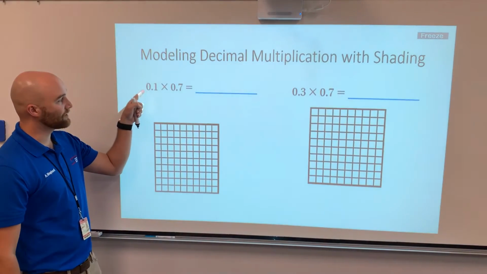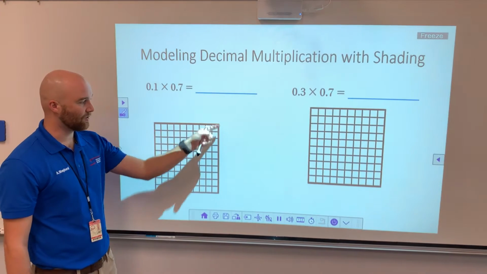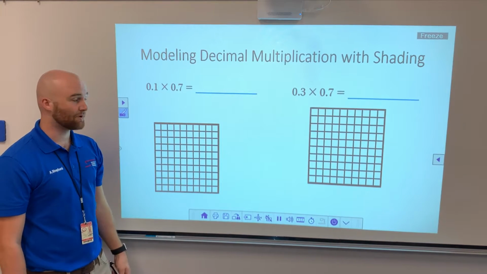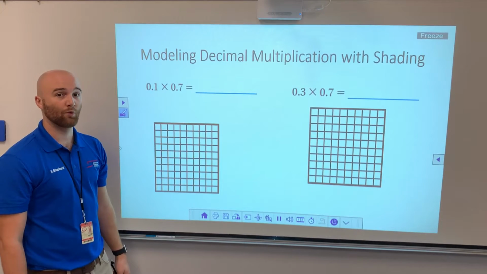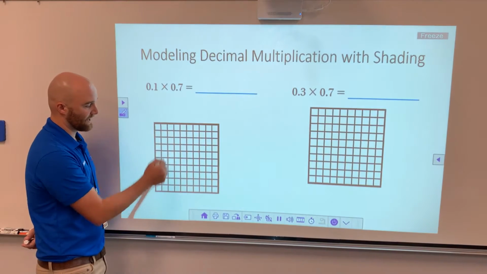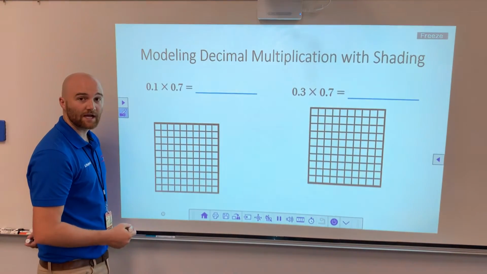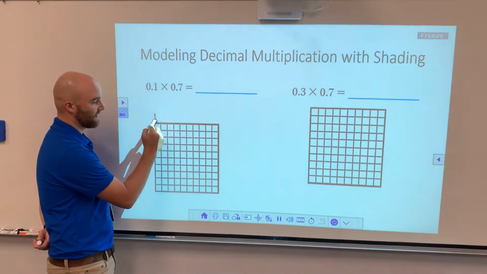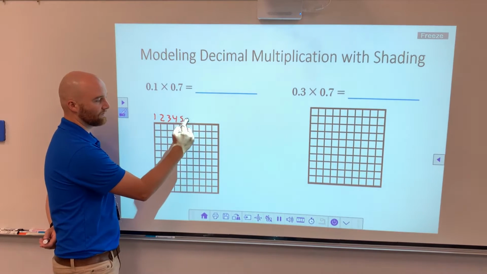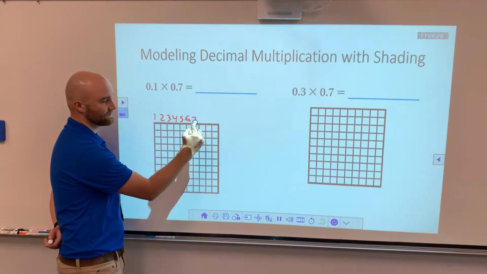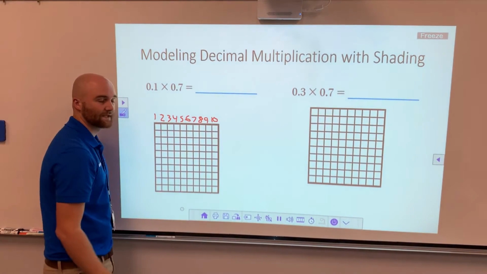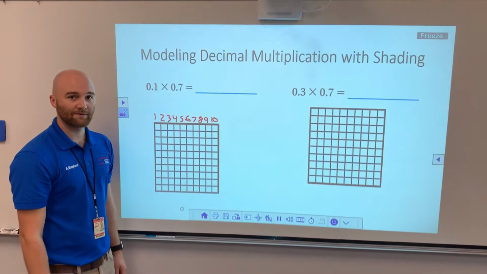First, I want to shade 1/10 of this whole. And this is in hundredths, so I need to figure out how to mark off 1/10, or 1 part out of 10. Let's look at these columns going up and down. If I count them, I've got 1, 2, 3, 4, 5, 6, 7, 8, 9, 10 columns.